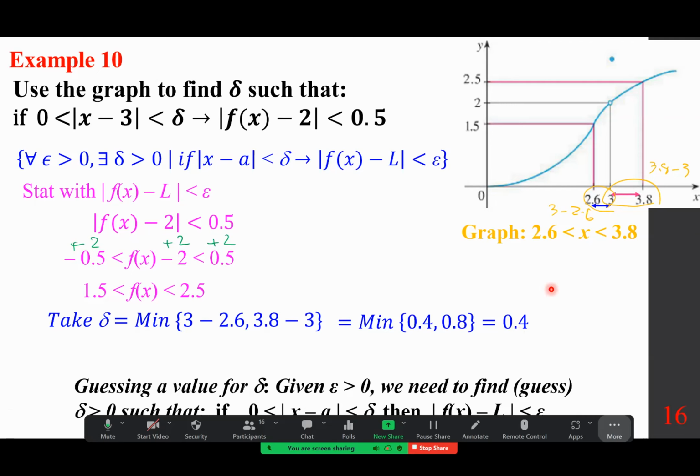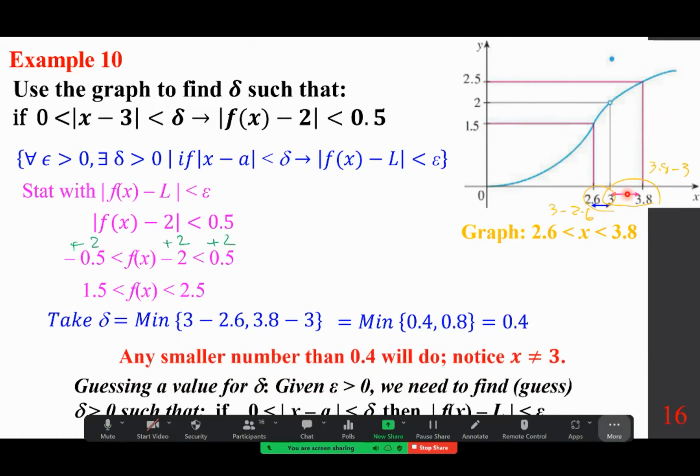Why is that? If you take the larger of the two, this side is fine. But on this side, if we go by 0.8 to the left of 3, we end up with 2.2, and it's beyond 1.5 to 2.5. So you should always take the smaller of the two. And needless to say, any number smaller than 0.4 will do the job. You were trying to find this from the graph.